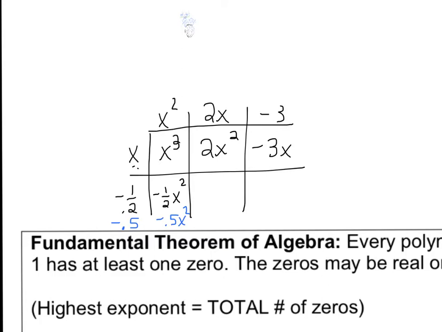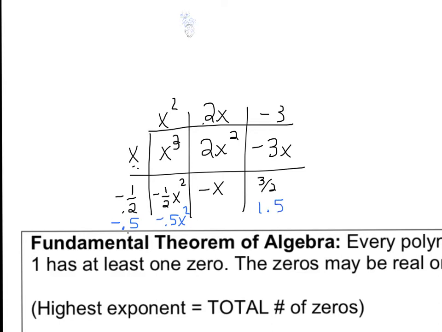Next, we have to multiply -1/2 by 2. In other words, 2 divided by -2. That gives us -1x. Or if you type in -0.5 times 2, you'll get -1. And then -1/2 times -3. That's going to be positive 3 over 2, or if you're working with decimals, it would be 1.5.